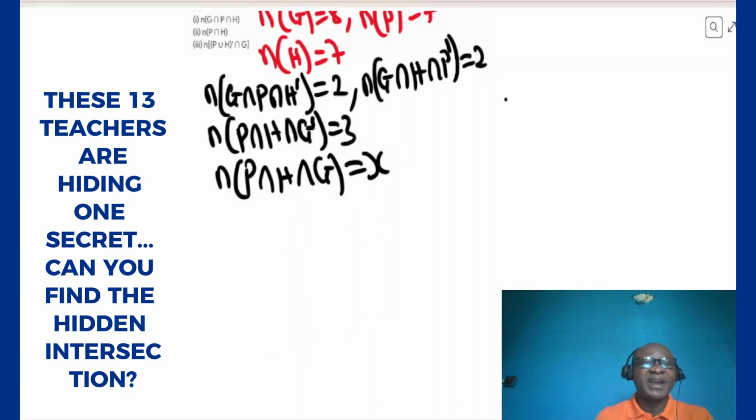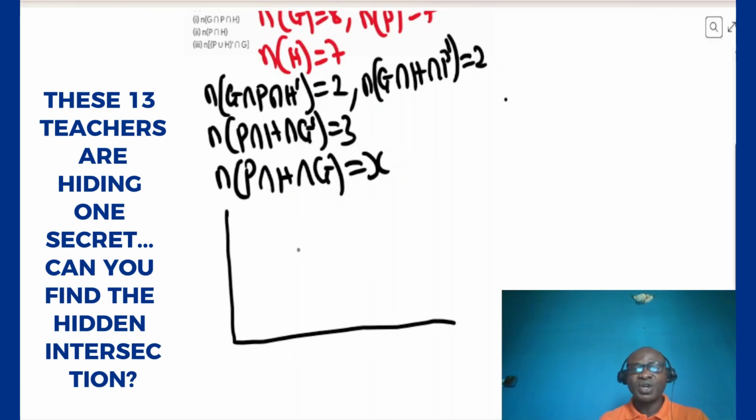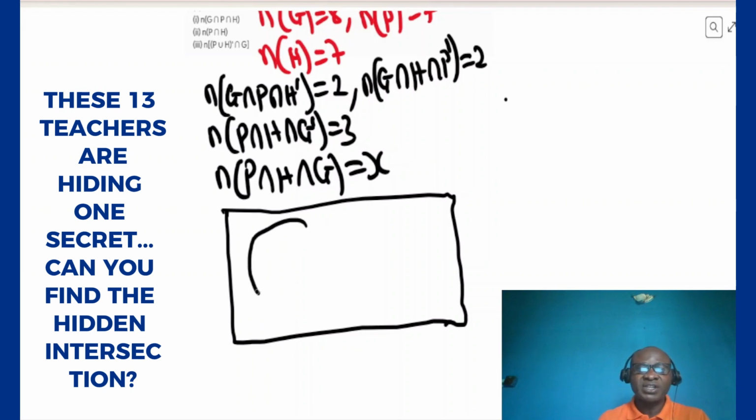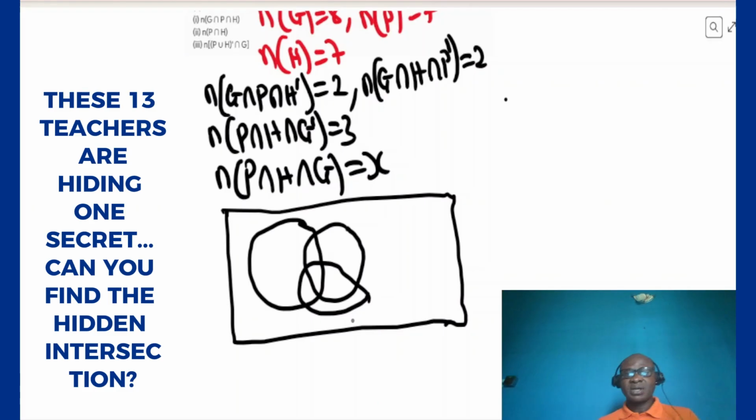Let me have first a rectangle, where the 3 different oval shapes will be drawn. This rectangle will represent all the 3 subjects. I have the first one, then the second one, all will overlap, and then the third one. Let me redraw this.